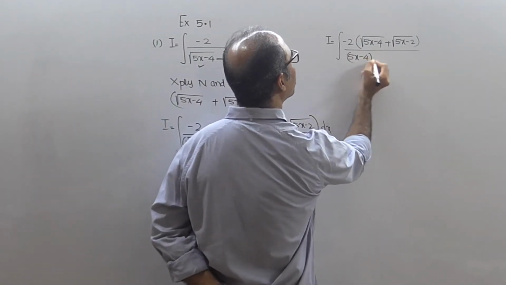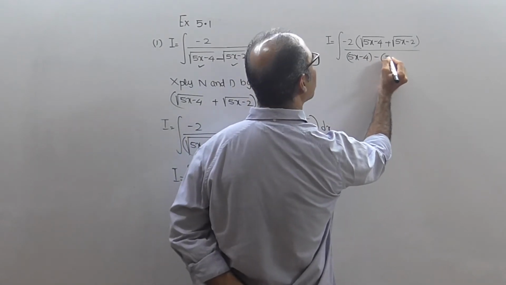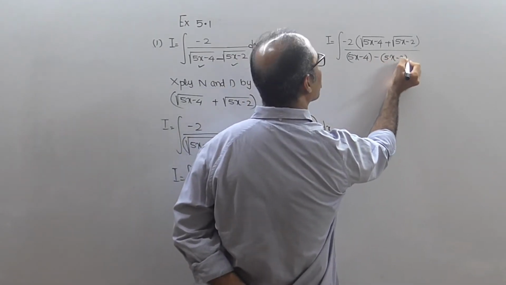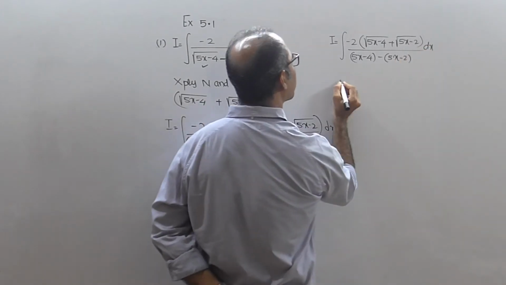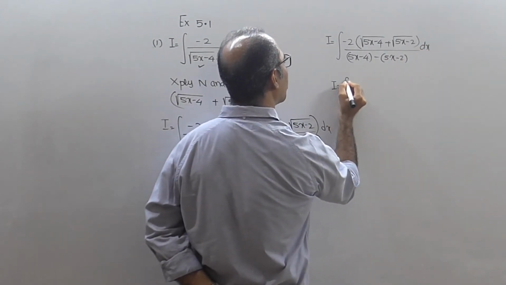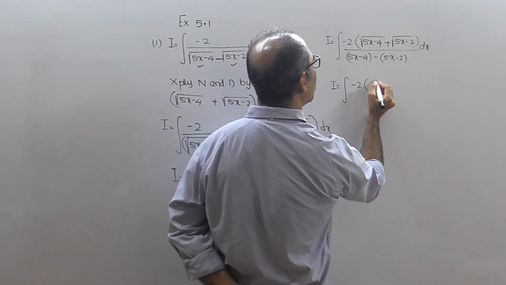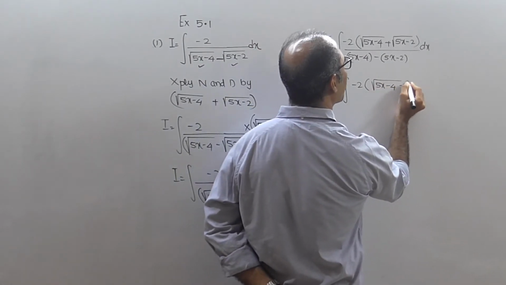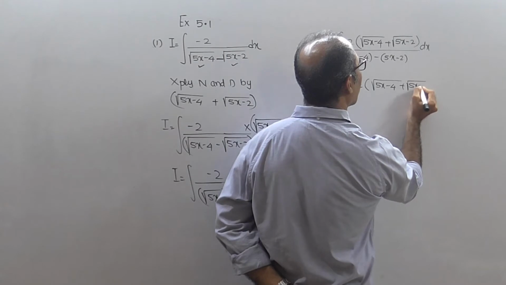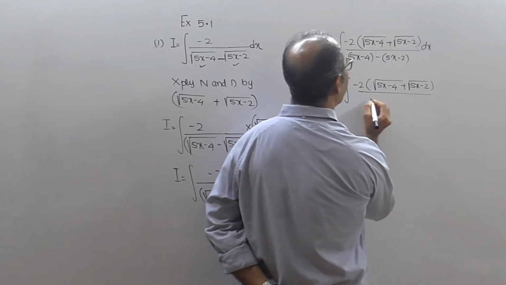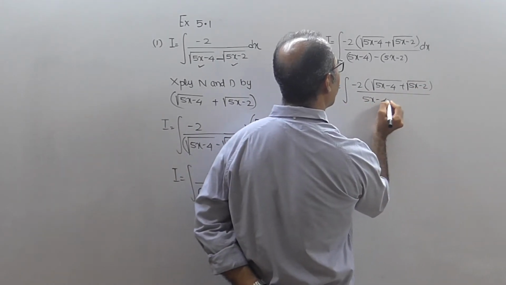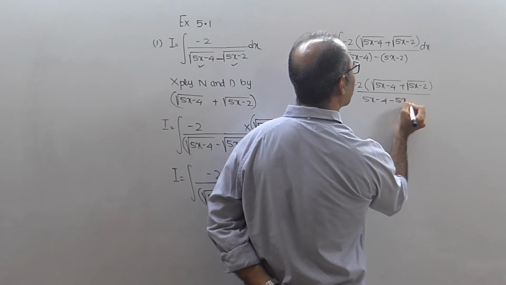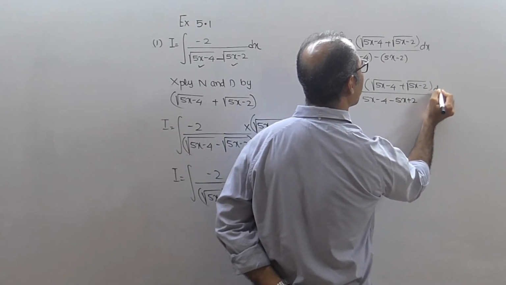You get 5x minus 4 minus 5x minus 2 and dx. So I equal to integration minus 2. You cannot do anything with the root, so just copy it as it is for the time being. Root of 5x minus 4 plus root of 5x minus 2, and if you open this bracket, you get 5x minus 4 minus 5x plus 2 dx.